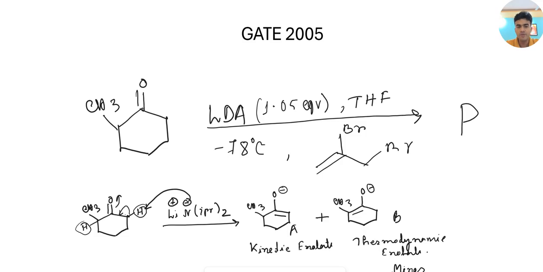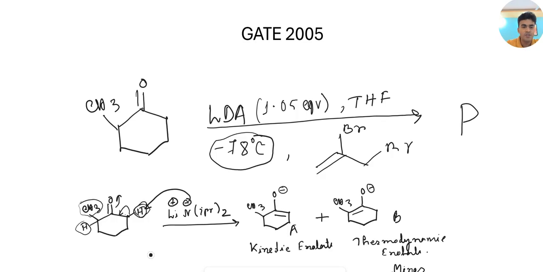Why? Because if the temperature is low, that is minus 78 degrees centigrade, the reaction will be kinetically controlled, that is, rate control. This hydrogen will be abstracted much more easily because the other hydrogen is sterically hindered by the methyl group. So this hydrogen is more accessible. This is a rate control reaction.